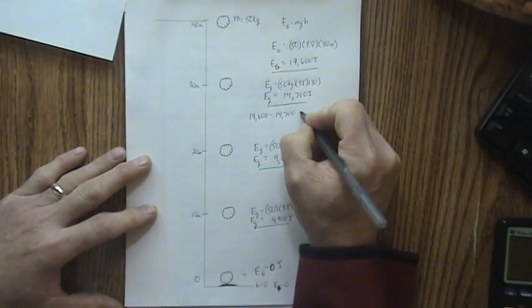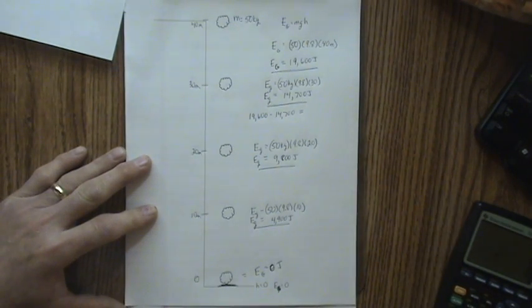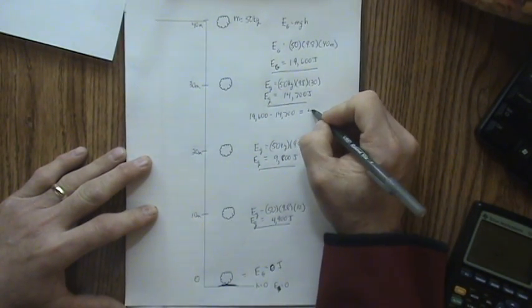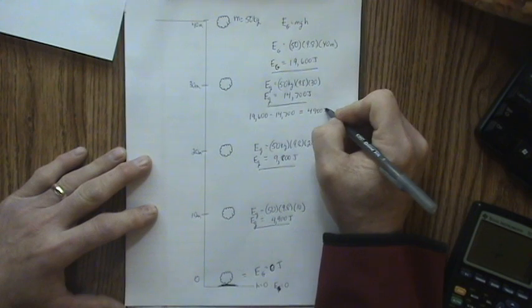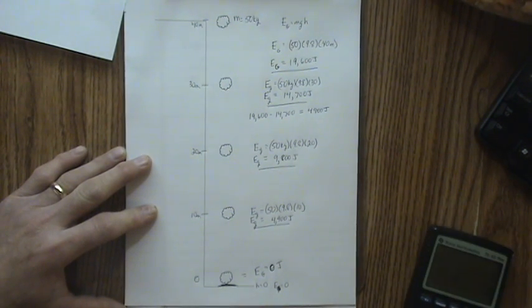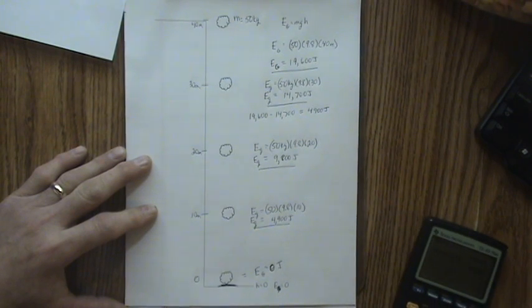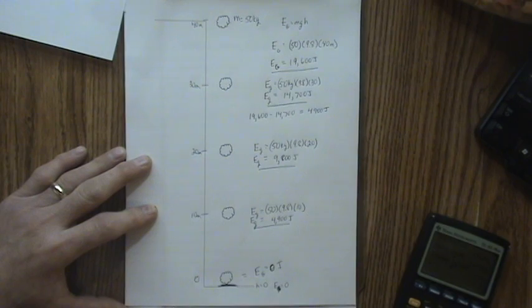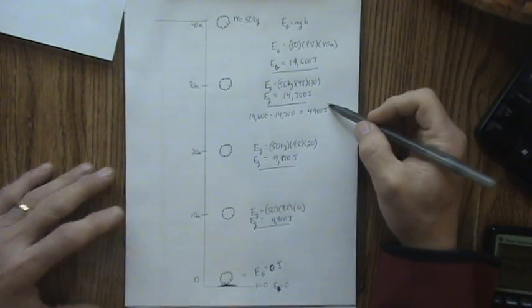If I do a little bit of quick math here, I believe that answer is going to be 4,900 joules. Let me just check it with the calculator quickly. There you go, if I could get it to turn on. And yes, it's 4,900 joules of energy.